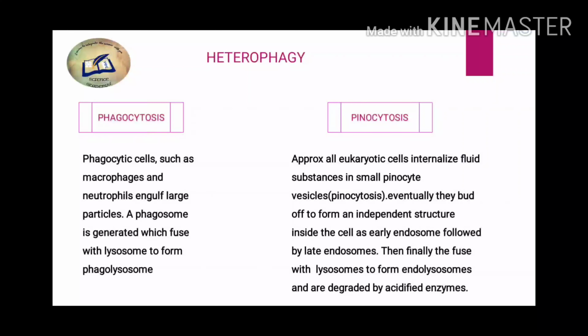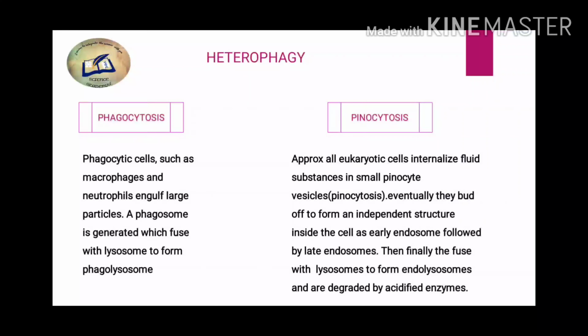After they are engulfed, they eventually bud off inside the cell as an independent structure, circular or any shape, and at this stage they are known as early endosomes. The early endosomes differentiate to form the late endosomes.